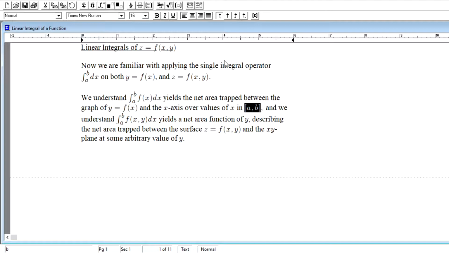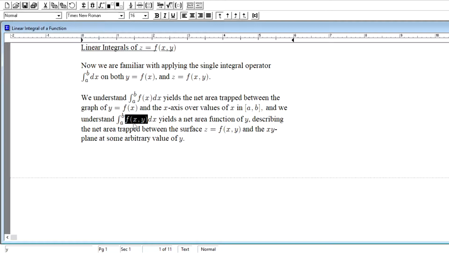Now, what we have established in the previous study of multiple integrations is that when we come back and we think about applying the operator of integration from a to b with respect to x on the multivariable function f of x and y, what this yields, we had noted, is what we call a net area function of y.